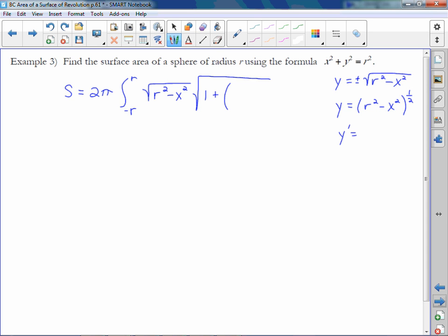The derivative is going to be, bring that 1/2 down, leave the inside, oh, I need more room, hold on. Okay, bring the 1/2 down, r squared minus x squared, because we leave the inside alone, reduced by 1, and then take the derivative of the inside. Well, r is just a constant, so that's 0. So I'm going to have negative 2x. That's my derivative.